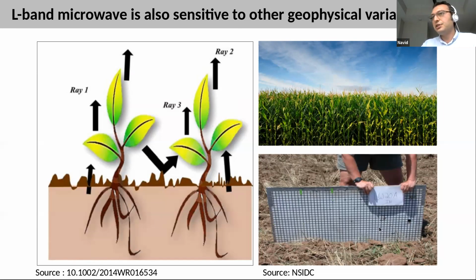The other issue is the surface roughness, for which I'm showing a device that can measure the surface roughness of the soil. Because of the tillage in agricultural regions, it affects the accuracy of the satellite observations for soil moisture.